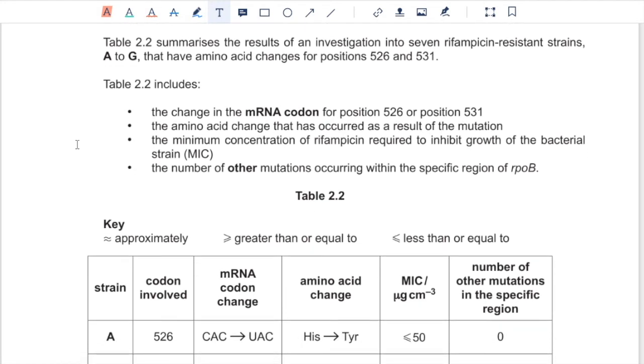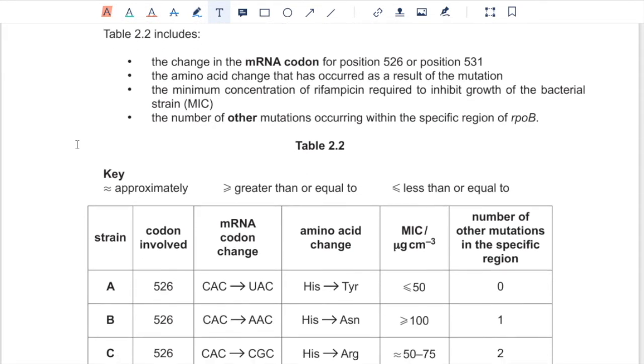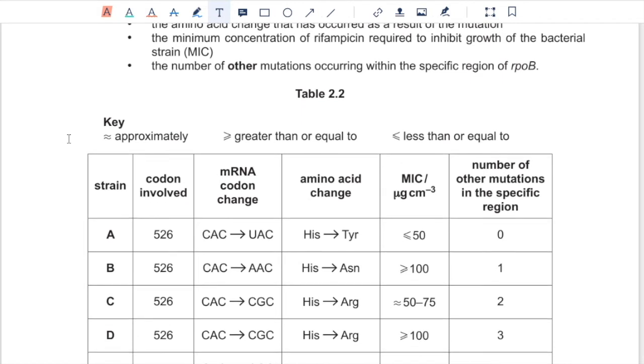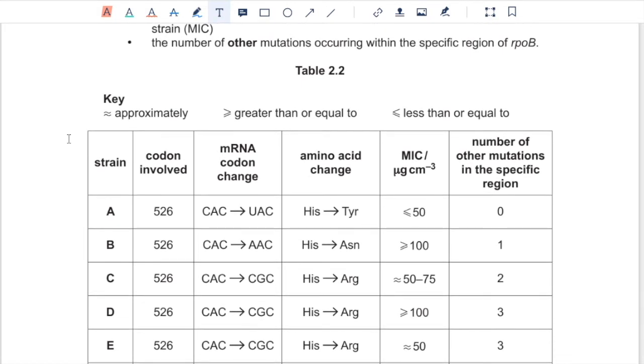Table 2.2 summarizes the results of an investigation into 7 rifampicin-resistant strains A to G that have amino acid changes at position 526 and 531. The table includes the change in mRNA codon from position 526 or 531, the amino acid change that has occurred as a result of mutation, the minimum concentration of rifampicin required to inhibit growth of the bacterial strain, MIC, and the number of other mutations occurring within the specific region of RPOB.